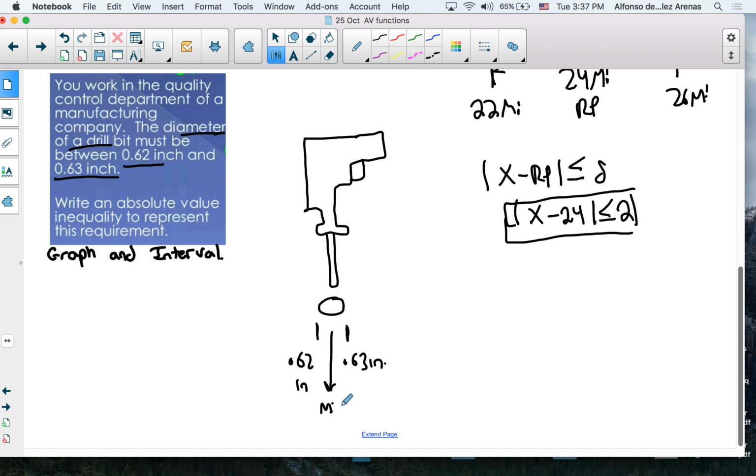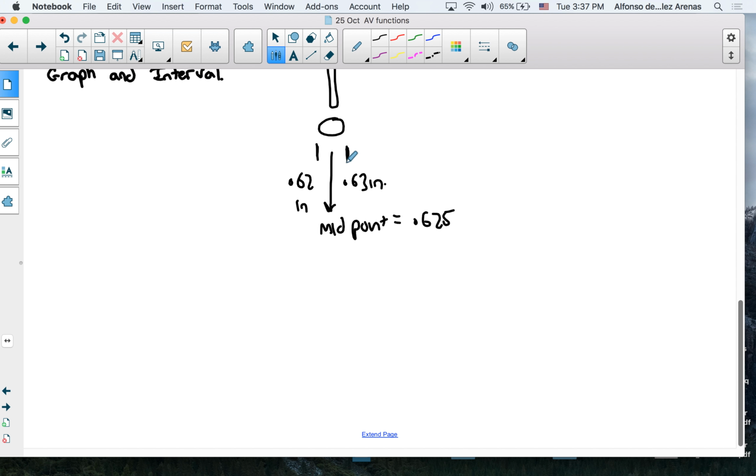Okay, it means that the midpoint equals 0.625. It means that the distance would be 0.005, because if you add 5 here, you get the 0.63.